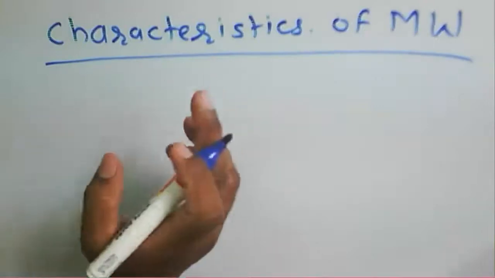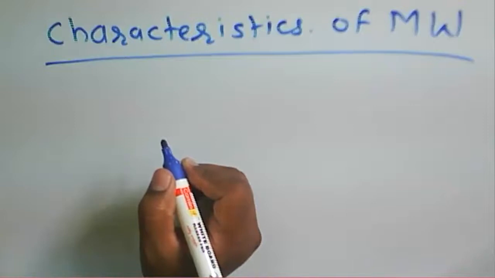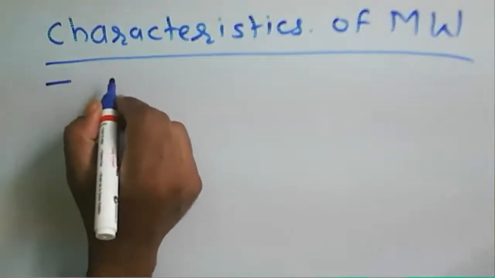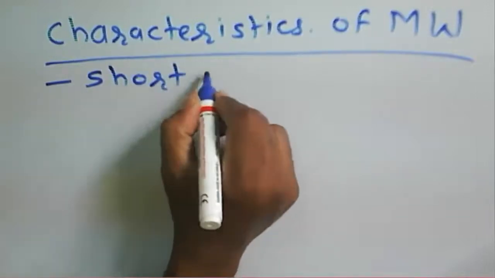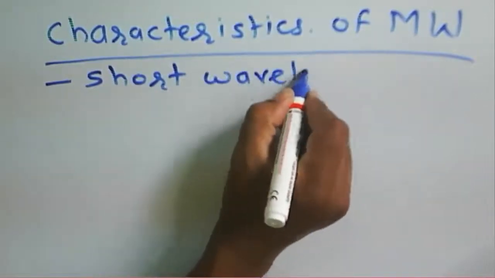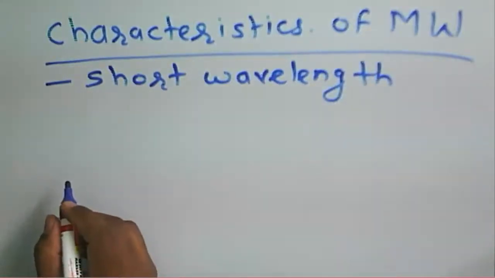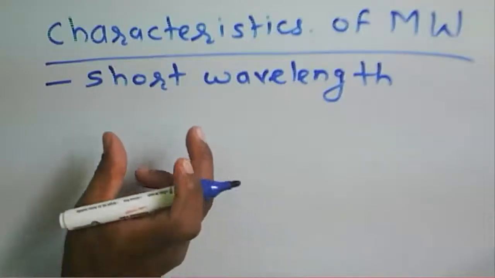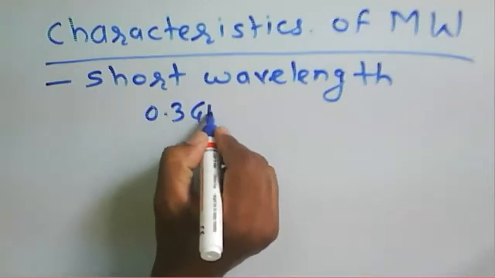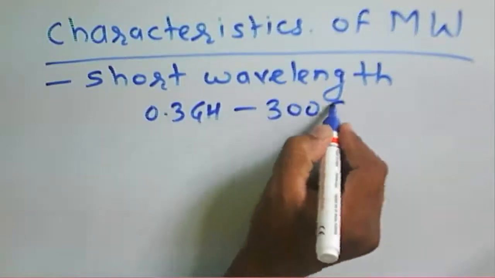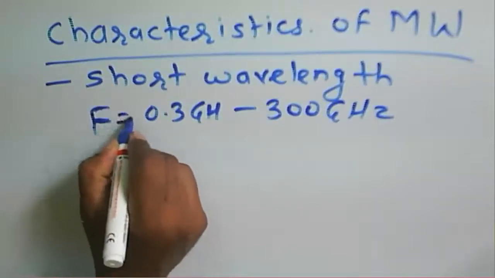Now the range of the frequency is about 0.3 gigahertz to 300 gigahertz. So the first characteristic we can say is that it has a short wavelength. The wavelength is small because the frequency of the microwave band is 0.3 gigahertz to 300 gigahertz.